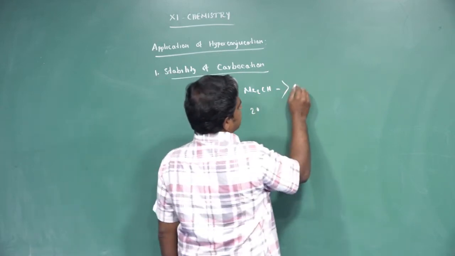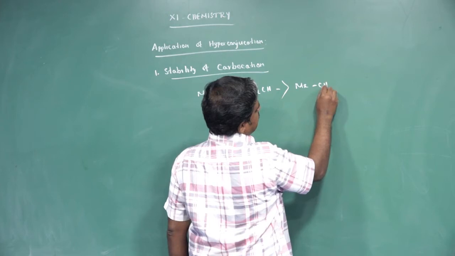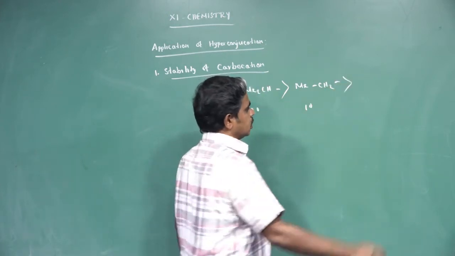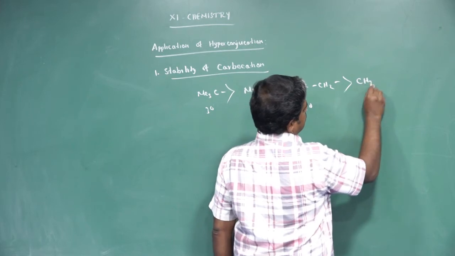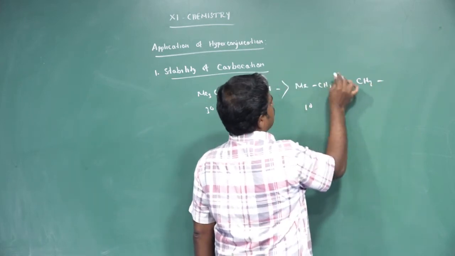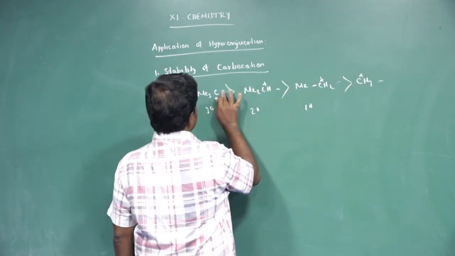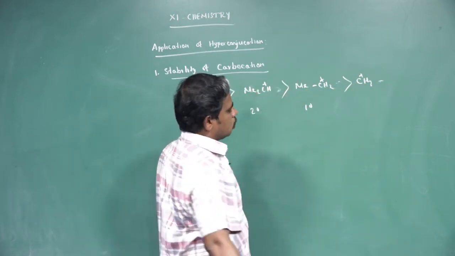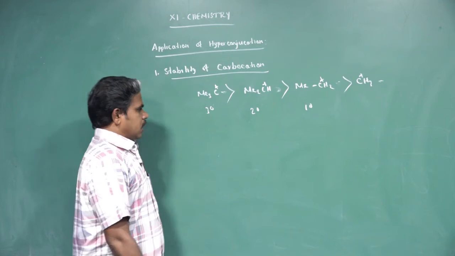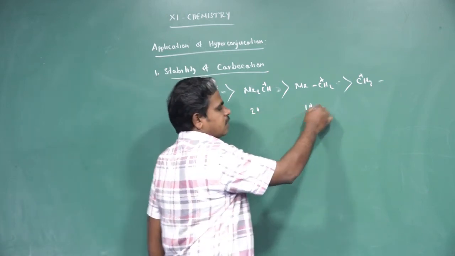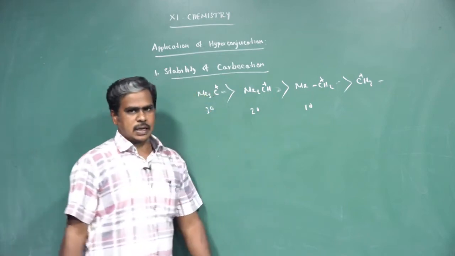And MeCH2, that is primary carbocation. And CH3, it is methyl carbocation. So all are carbocations. So here the carbocation stability order is tertiary, secondary, primary and methyl carbocation.